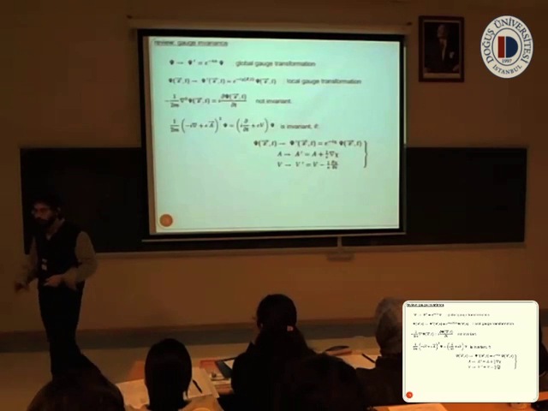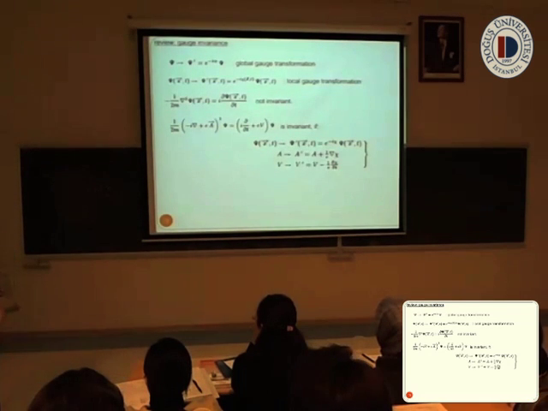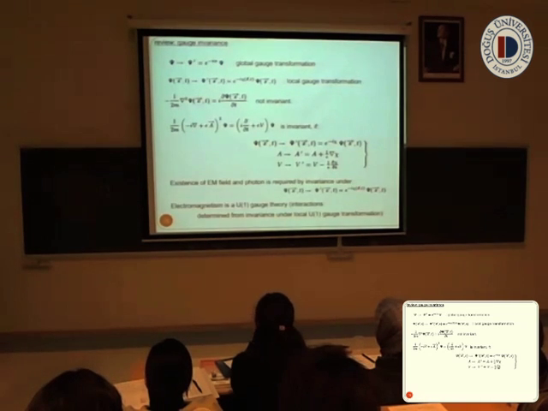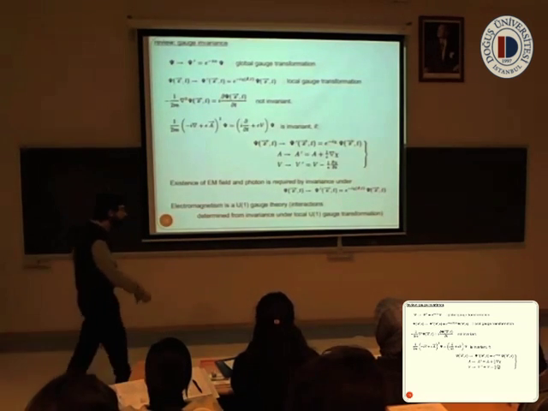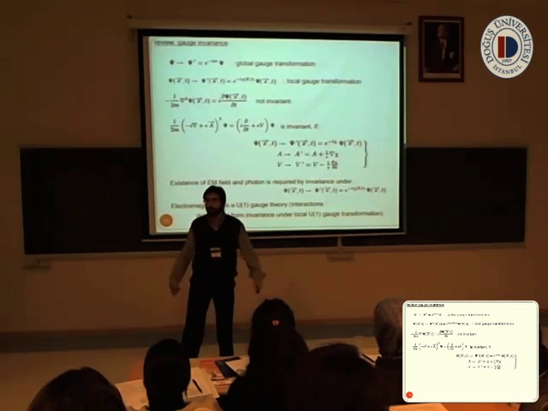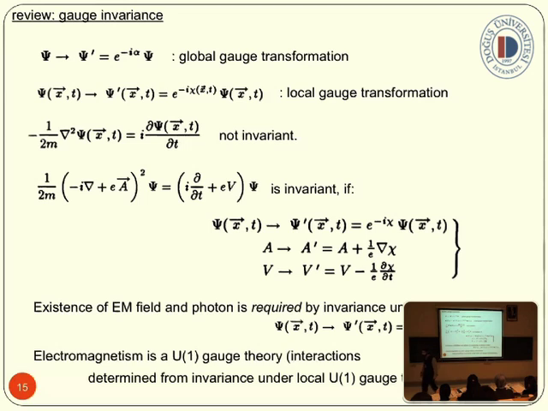So you can do the same thing in field theory, and you get the same result when you require the theory to be invariant under U1 gauge transformation, where U1 gauge transformation just means this transformation here.